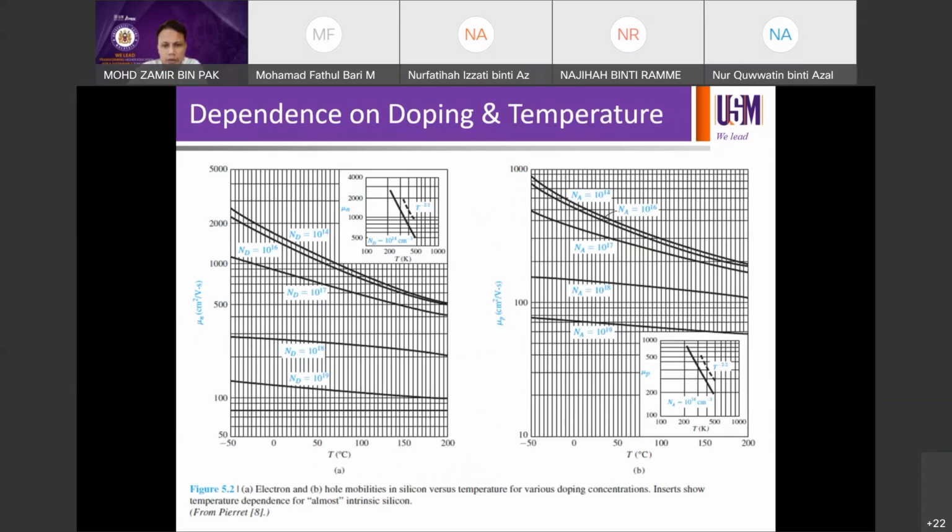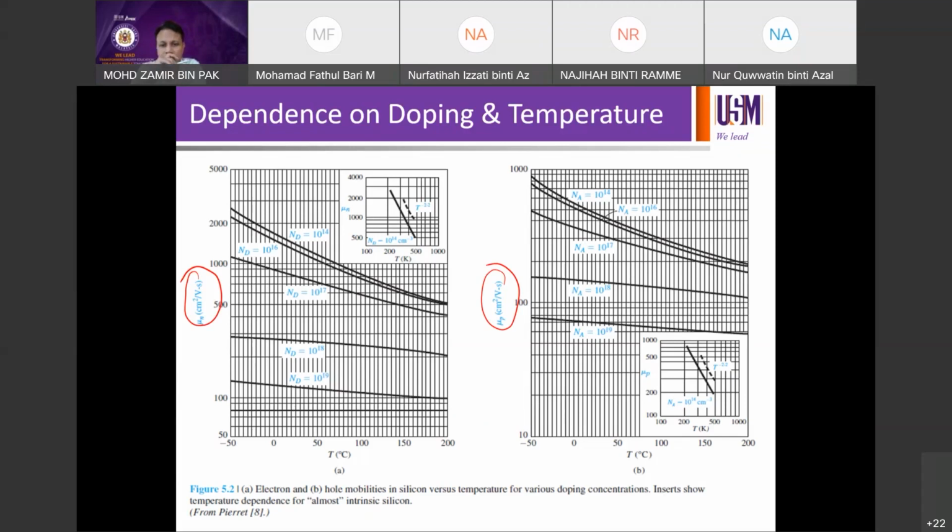You can see mu on the Y axis. As I said, it can be represented by mu N or mu P, or you can also write these as mu E and mu H. As long as you're consistent, that's totally fine. This is against temperature in degrees Celsius, right? So you're also seeing pretty much the same relationship within the range of negative 50 degrees Celsius up to 200 degrees Celsius.